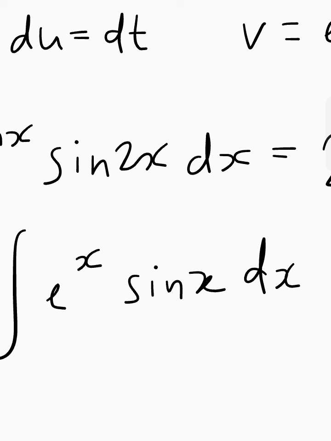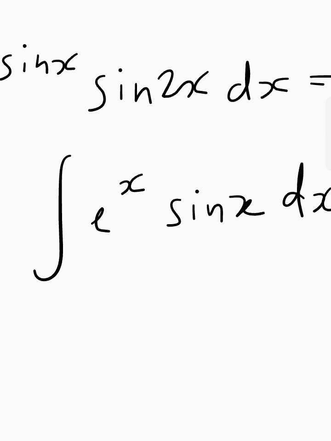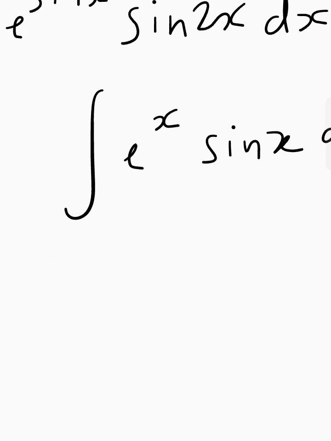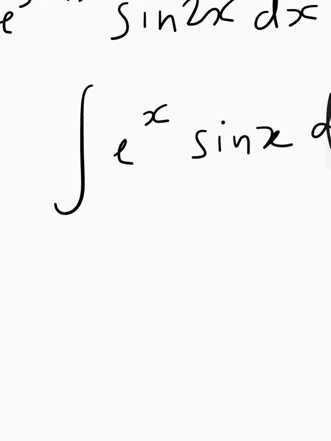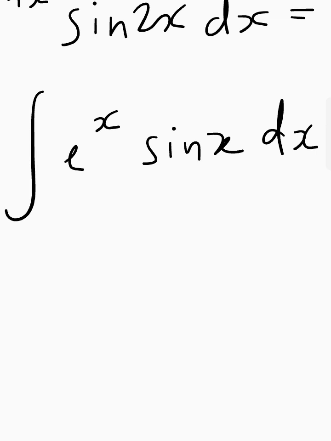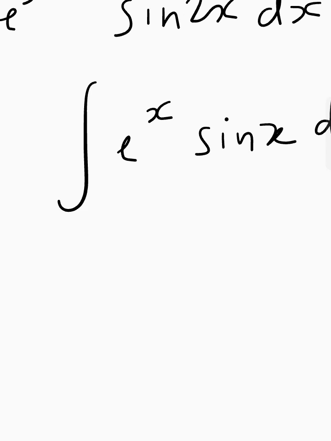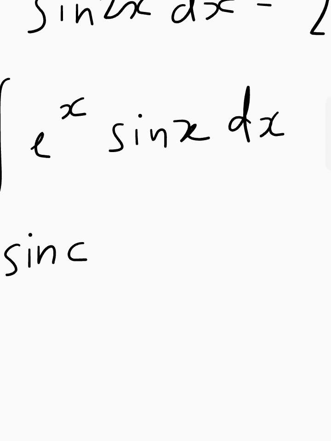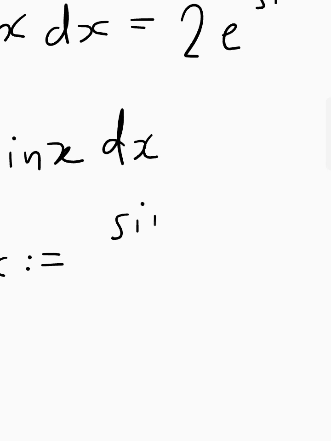And of course, this also uses an integration by parts, so therefore it would also be elementary. But now, instead of that, I want to modify it some more, and I just want to replace this sine x with the sinc function. So sinc of x is defined to be sine of x over x.